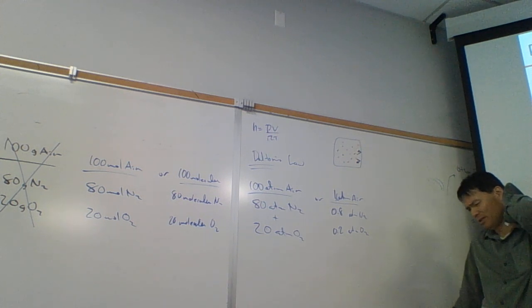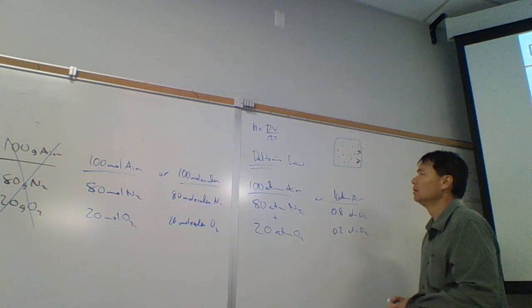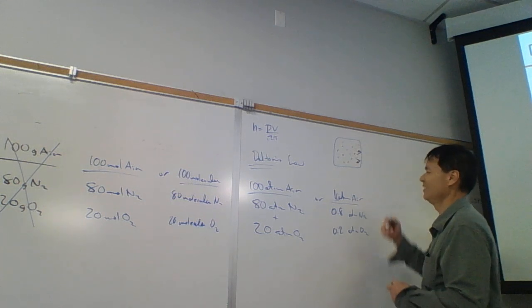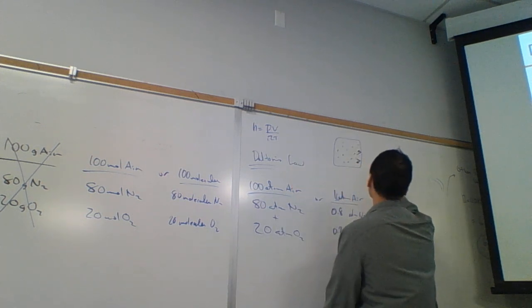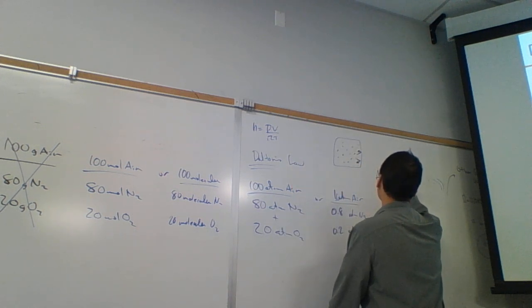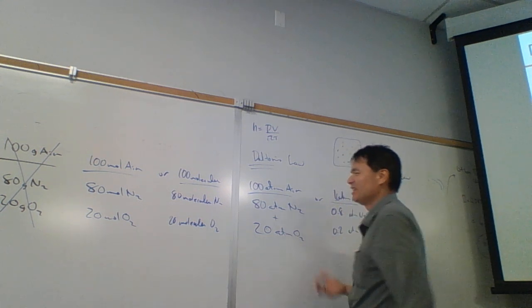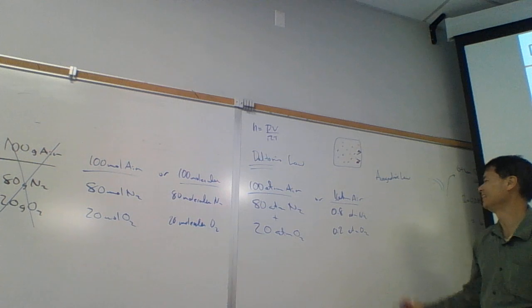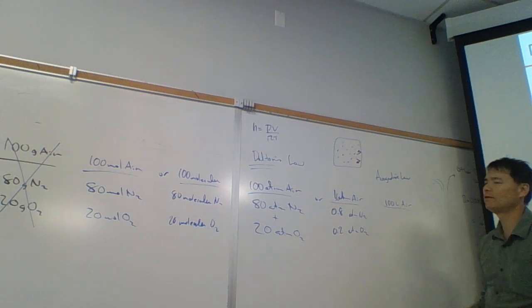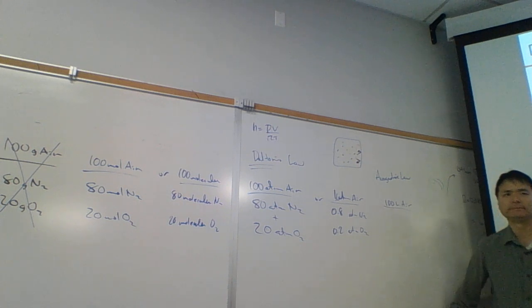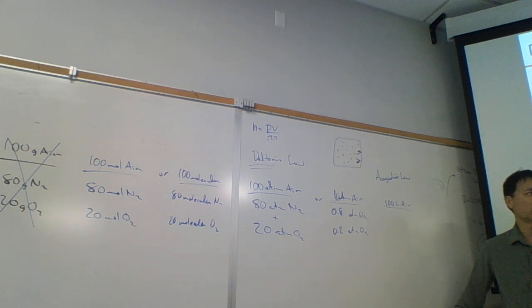This is Dalton's law. We have one more law called Avogadro's law. Well, Avogadro's law says this: if I have 100 liters of air, how many liters of nitrogen do I have?